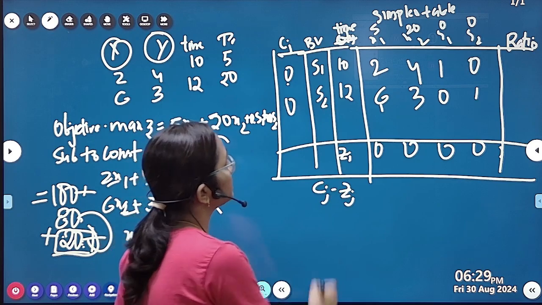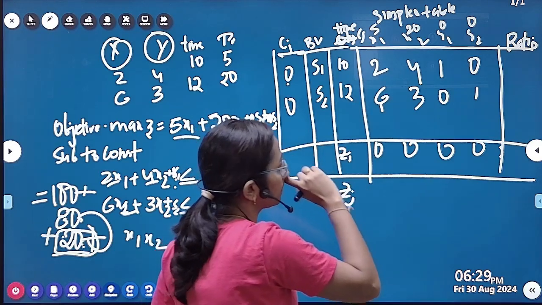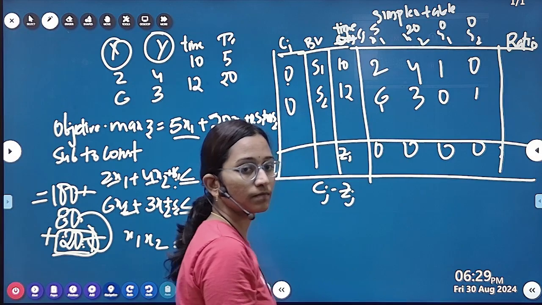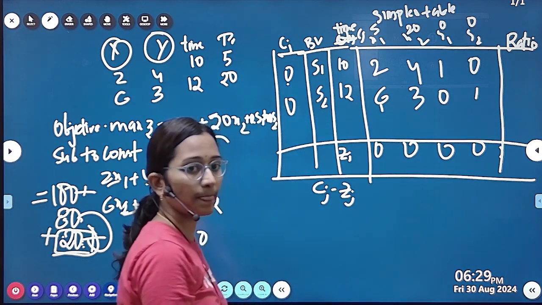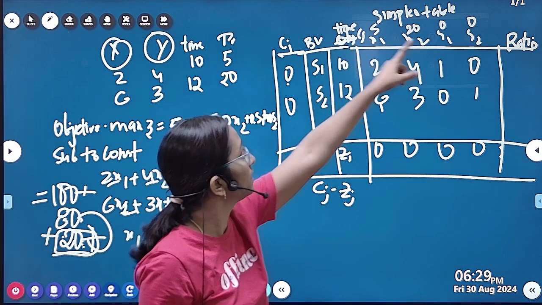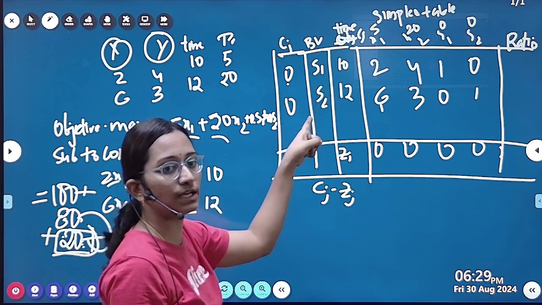So what is this Cj here? 5 minus 0. Cj means these values, this is Cj. These values are Cj and these values are also Cj, but these Cj values are for slack variables.